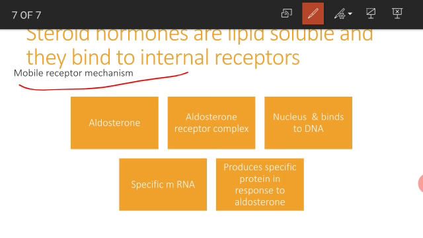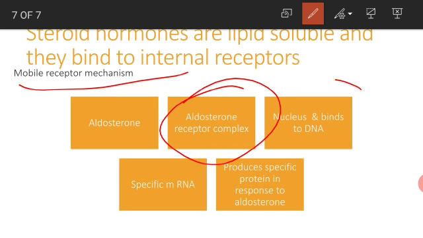They directly enter into a cell and also into the nucleus, and they bind to DNA. So this entire mechanism is called the mobile receptor mechanism, and aldosterone passes through the cell membrane and enters the cell, and it is bound to intracellular protein receptors, forming the aldosterone receptor complex.